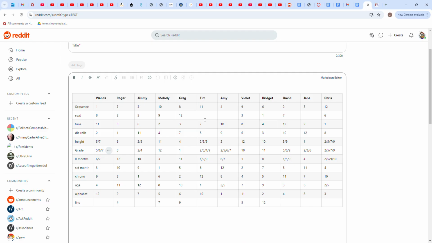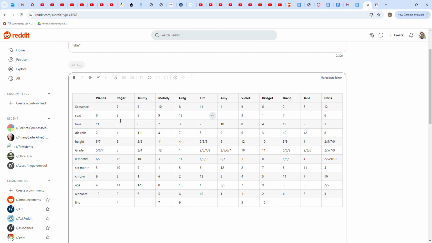We never did end up filling in Jane, Amy, and Tim's potential seat numbers. Let's go ahead and do that now. I'm fairly confident that this is going to give us some sort of answer here, or resolve things a little bit further.